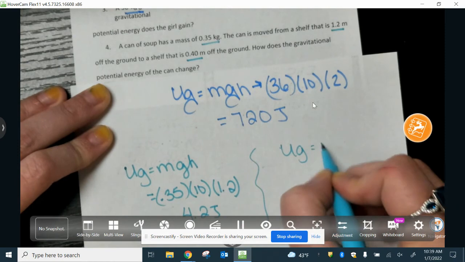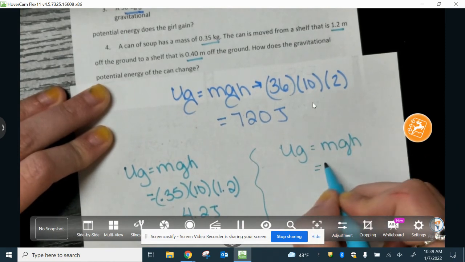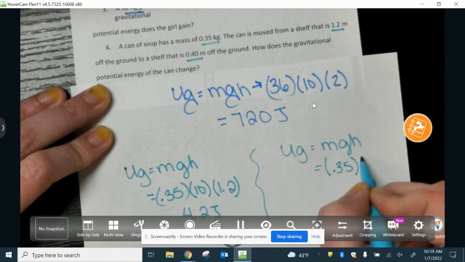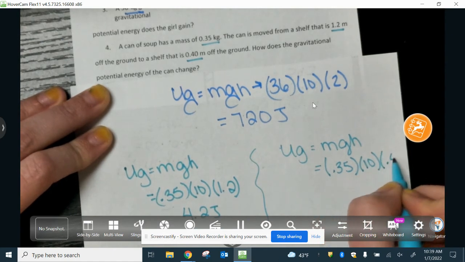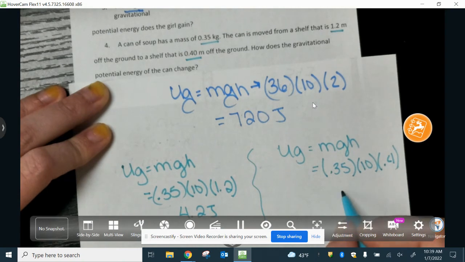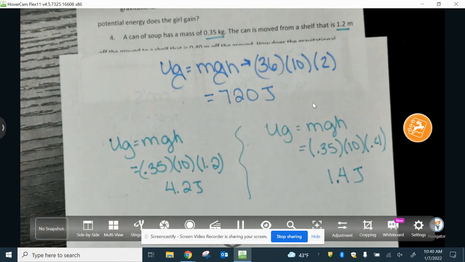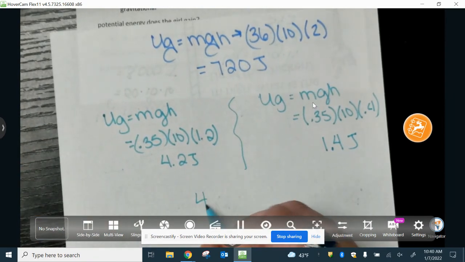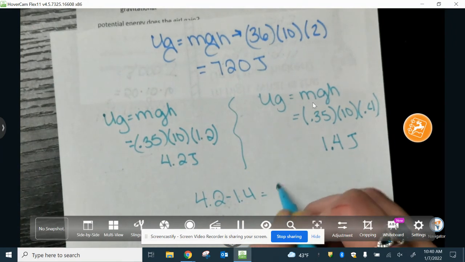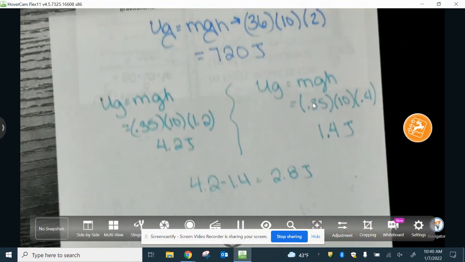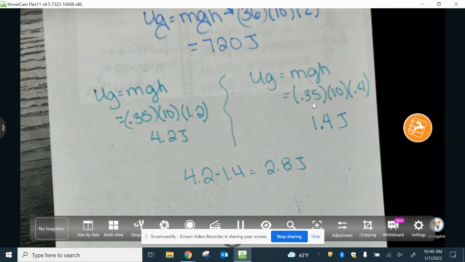Then that changes: 0.35 times 10 times 0.4, 1.4 joules. It did decrease. It decreased by how much? 2.8 joules. 4.2 minus 1.4 equals 2.8 joules. So the can decreased by 2.8 joules of gravitational potential energy. Anyone have any questions about that? Pretty straightforward stuff, right?